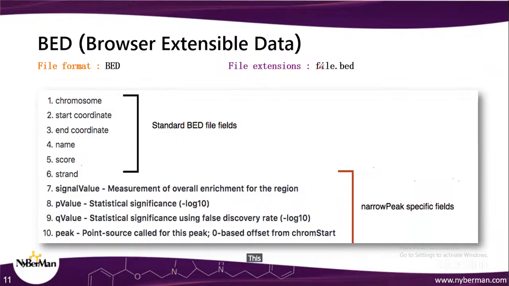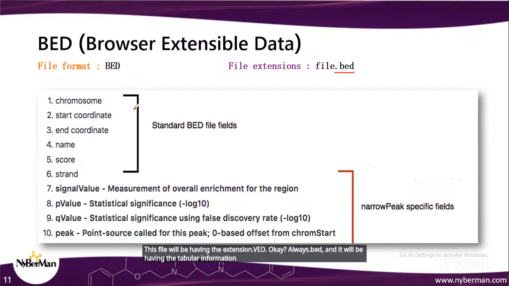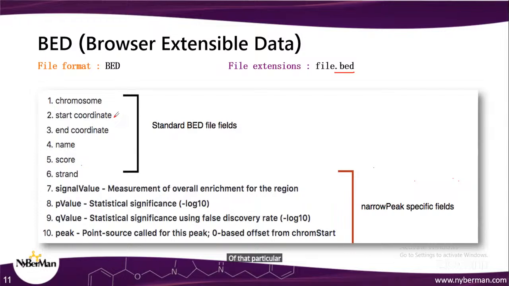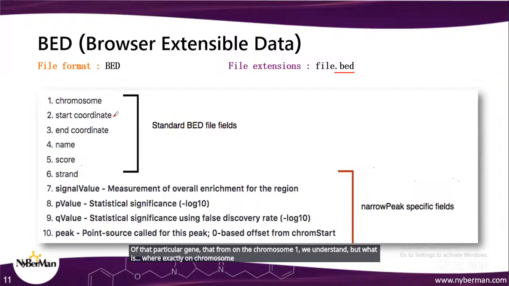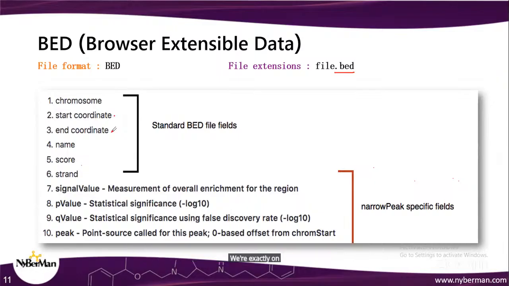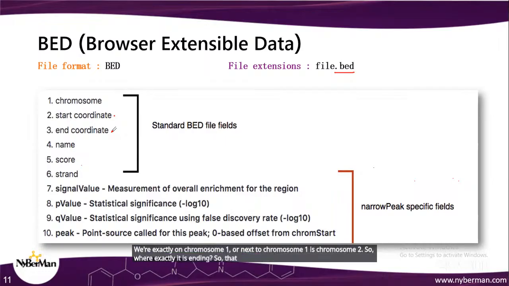This file will have the extension .bed. Okay, always .bed, and it will have tabular information with the chromosome and the start coordinate of that particular gene. From the chromosome 1 we understand, but where exactly on chromosome 1, that is the start coordinate, and the end coordinate is where exactly on chromosome 1, or next to chromosome 1 is chromosome 2, so where exactly it is ending, that exact position will be mentioned.